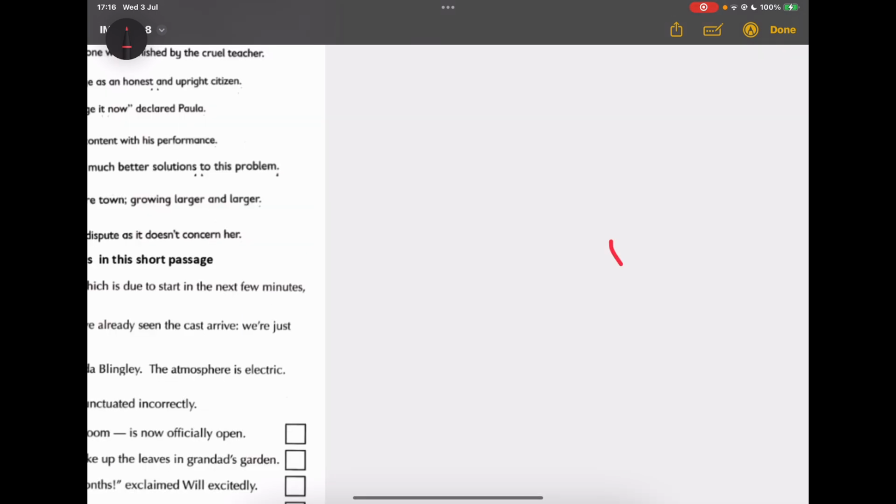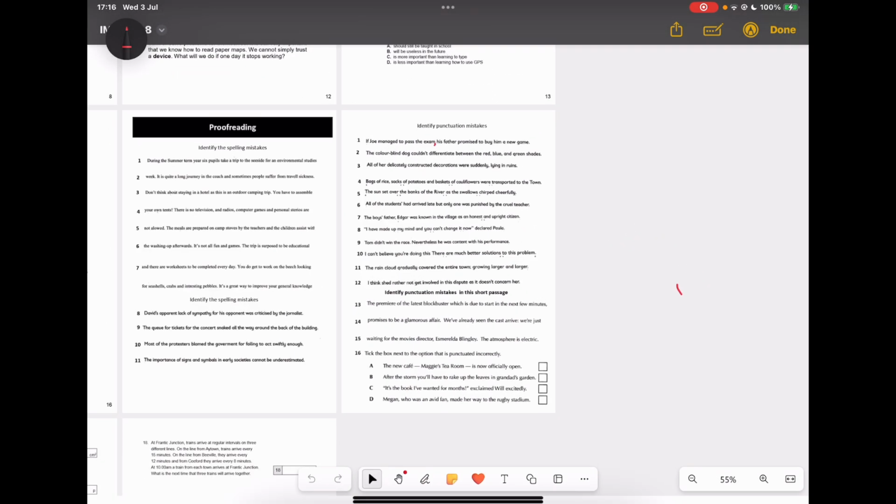So after the, you can add a colon. So the colourblind dog couldn't differentiate between the red, blue, and green shades. No. After between the red, blue, and green shades.